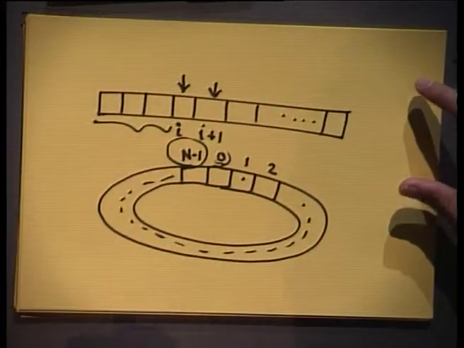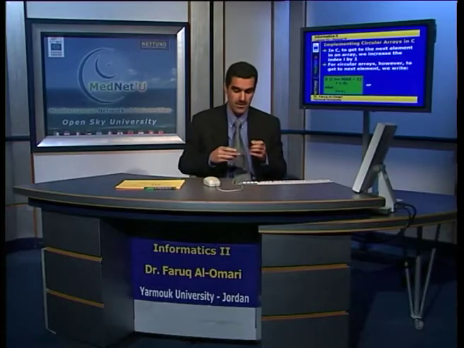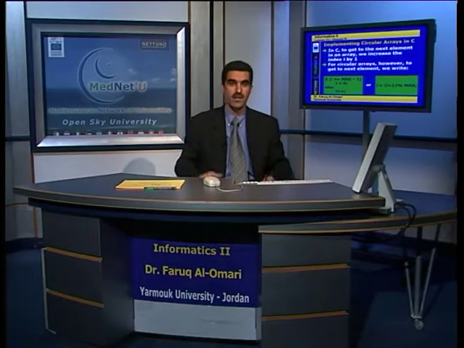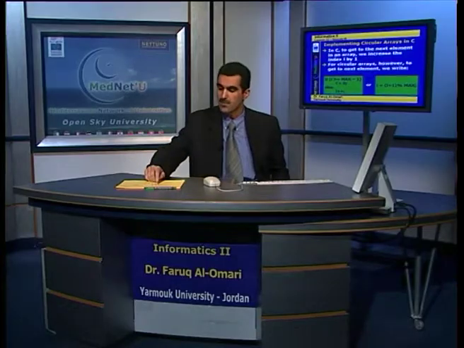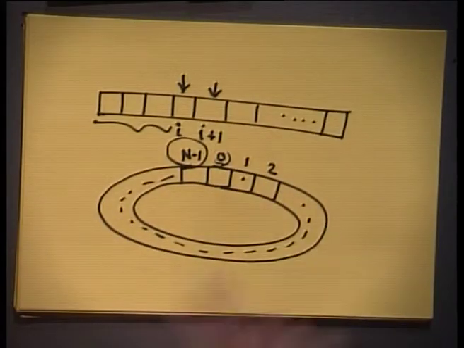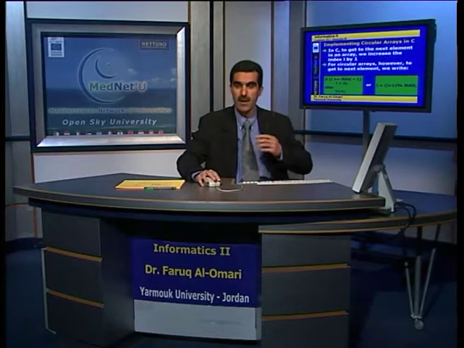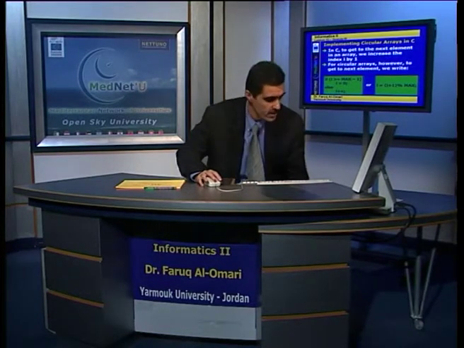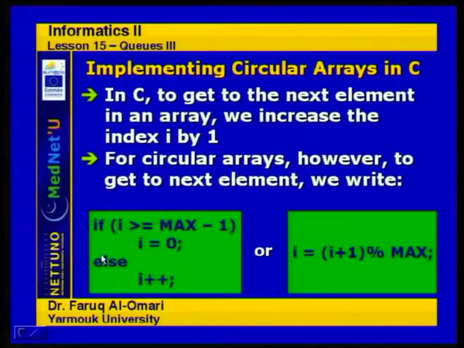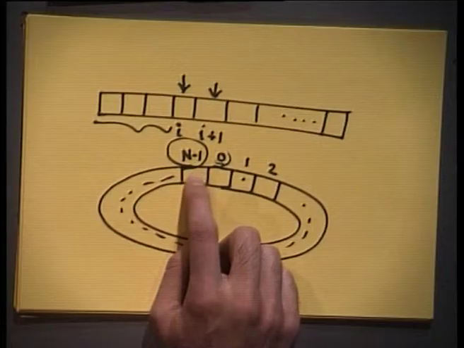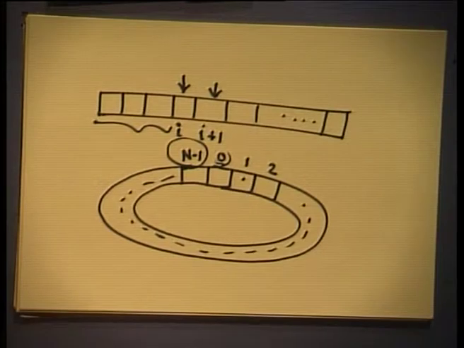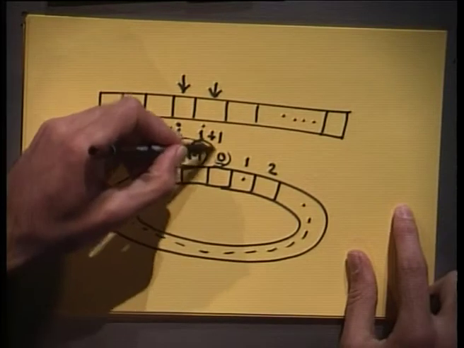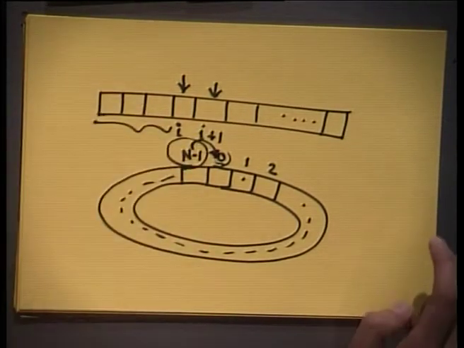So instead of that, we're going to do something like this. I need to check whether I'm at this border or in the middle of my array. So instead of just saying I equals I plus 1, we're going to do something like this. If I is greater than or equal to max minus 1, and that's this position in here, then the next position is to go to 0 and to circulate again.